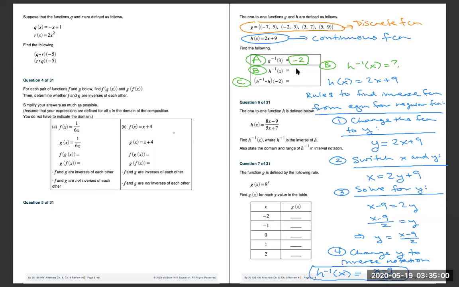So our inverse here is going to be x minus 9, the quantity divided by 2. Okay, let me save that. All right, let's save and then clear out a bunch of this. Moving on to part C.